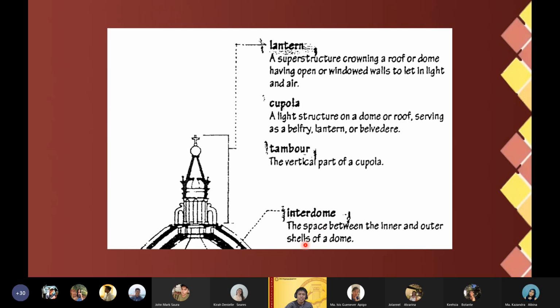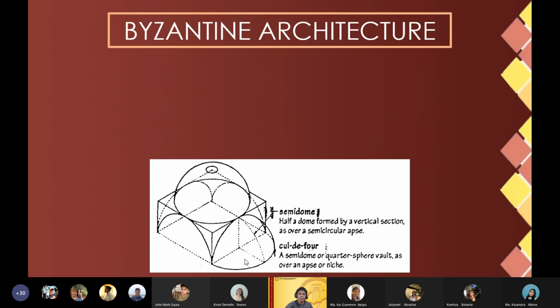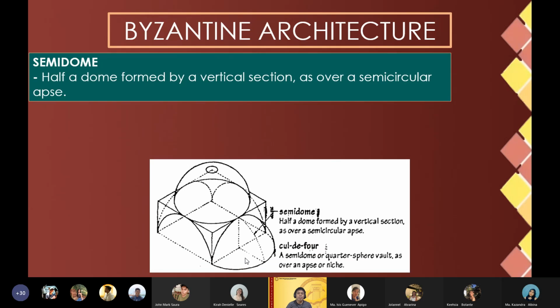Another term here is interdome, the space between the inner and outer shells of a dome. You can see this interdome in the video. Here, another term, semi-dome: half a dome formed by a vertical section, as over a semicircular apse. We will discuss later why they created this semi-dome.